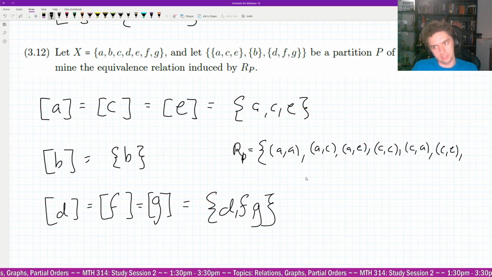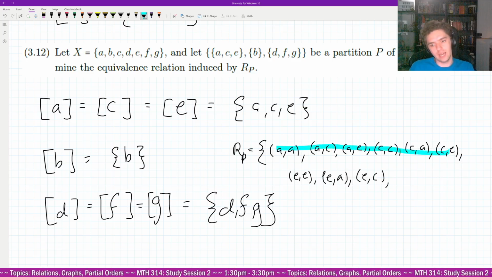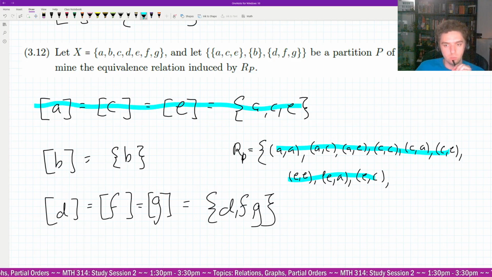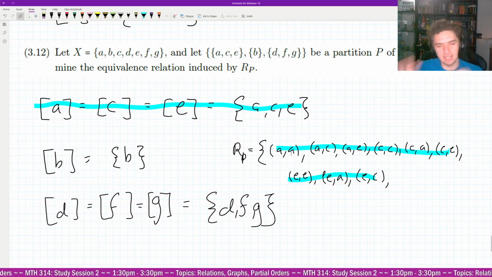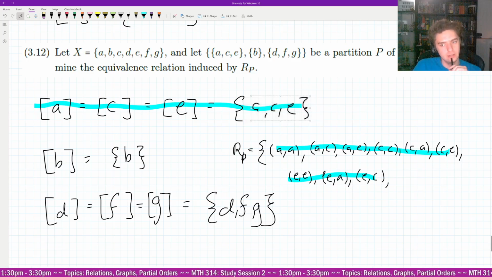We're also going to have EE, we're also going to have EA, and we're also going to have EC. Okay, that's everything. This first chunk here is what you get from these guys, which is just saying A is parallel to, I like thinking about them like lines. So A is parallel to A, of course. A is parallel to C, yes, because they're in the same equivalence class. A is parallel to E, C is parallel to C, and so on.